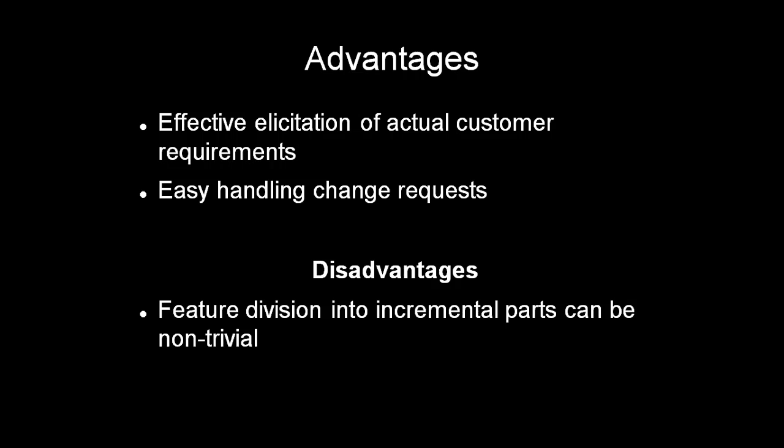The first disadvantage is that feature division into incremental parts can be non-trivial. That is, if we are developing small projects, then it is very difficult to divide them into small features. We have to divide the whole software into different features, and small parts cannot be developed using this model.